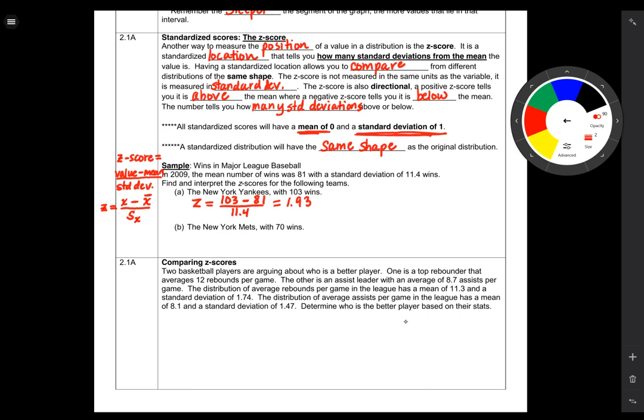So that means that the New York Yankees' z-score is 1.93 standard deviations above the mean, meaning they did better than the average. So 1.93 standard deviations above the mean of 81 wins.